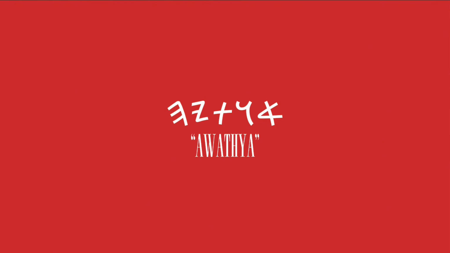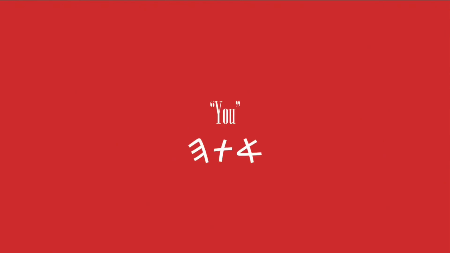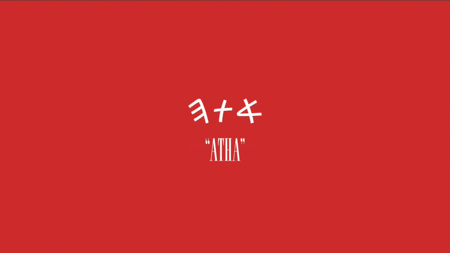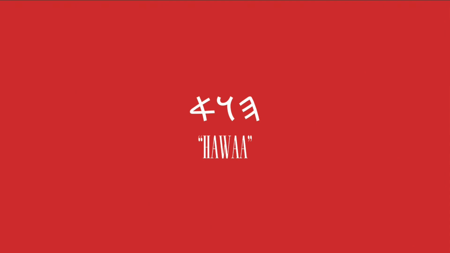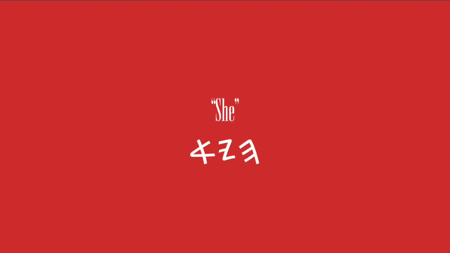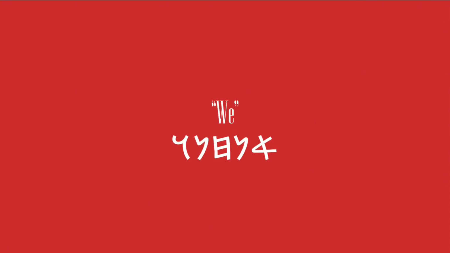If you want to say you, you would say Atha. To say he, you would say Hawa'ath. To say she, you would say Haya'a. To say we, you would say Anachnawa.